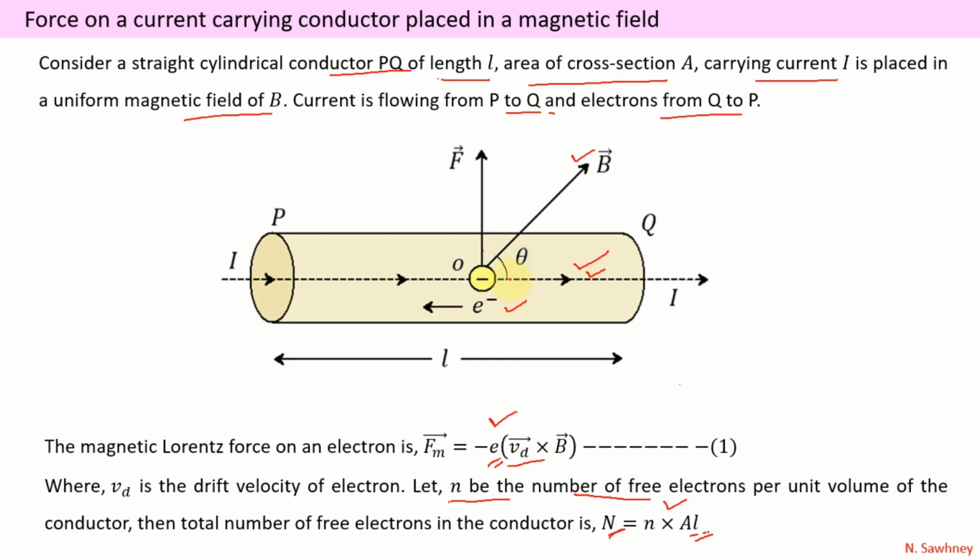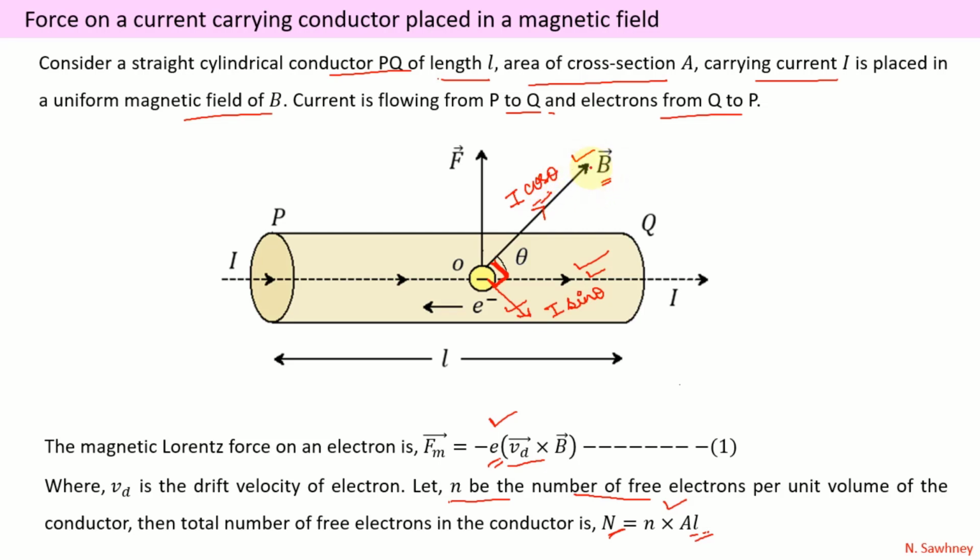So we can resolve this current into two components, that is I cos theta and I sin theta. This will be the direction of I cos theta, and the perpendicular component will be given by this direction, that is I sin theta. That means this is perpendicular. Now if we look carefully, I cos theta is the component of current along the direction of the magnetic field.